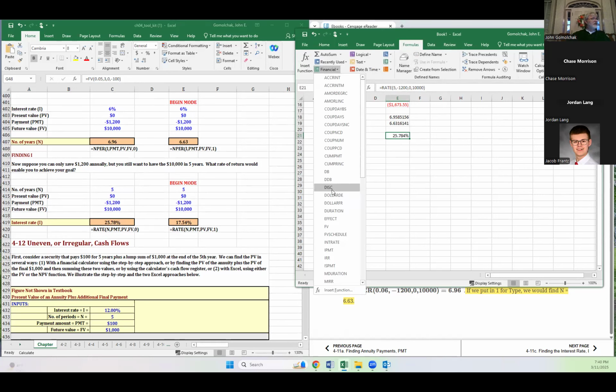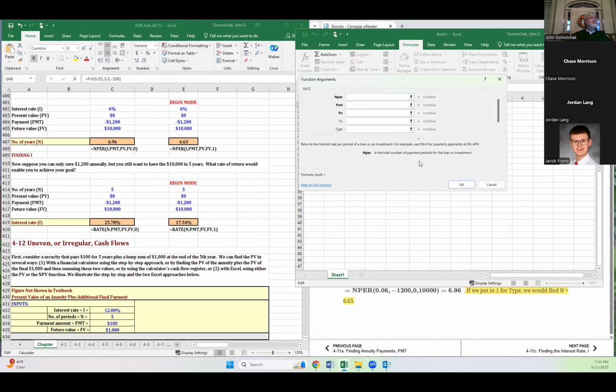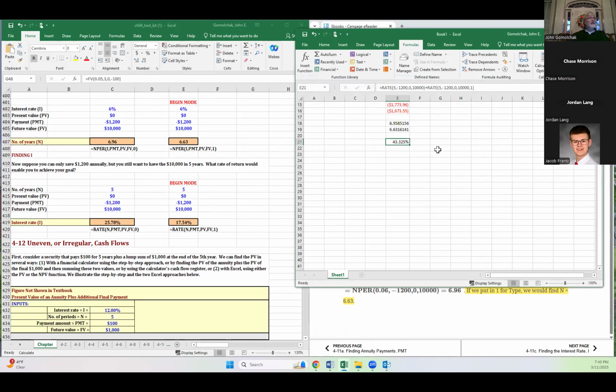Let's do it just because. If we do the same thing. Rate, number of periods, 5. Payment, 1,200. Present value, 0. Future value, 10,000. Type 1, because we're doing that at the beginning. Okay. I didn't take that out of there. I should have done it.